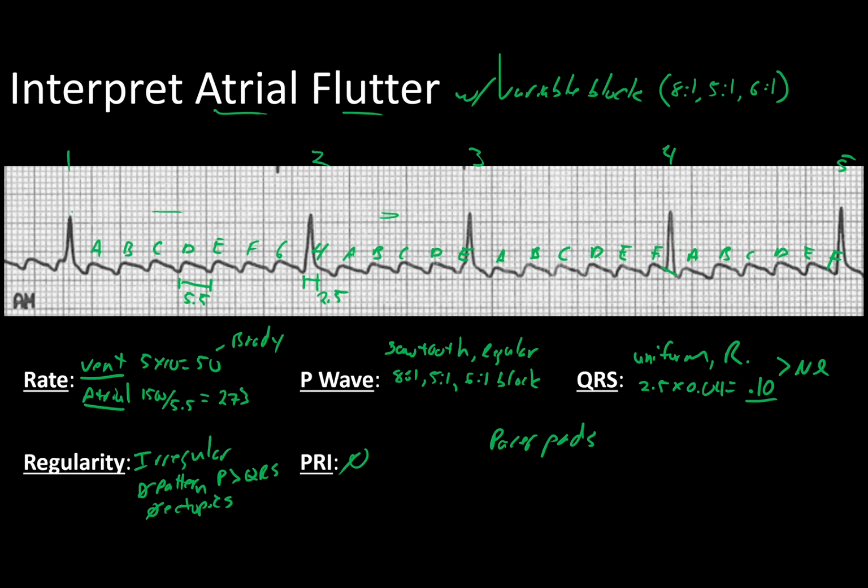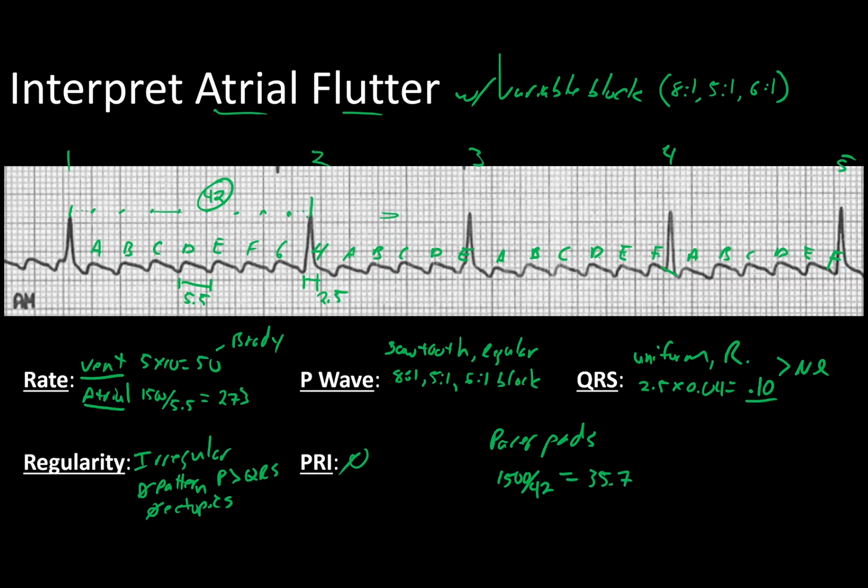And we're going to measure these out ever so swiftly. 5, 10, 15, 20, 25, 30, 35, 6, 9, 10, 11, 12, 42 boxes. Gives us a rate of 35.7.